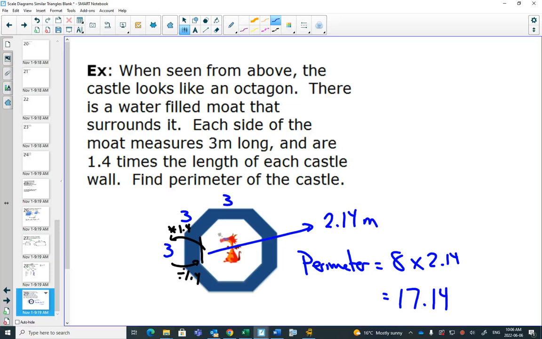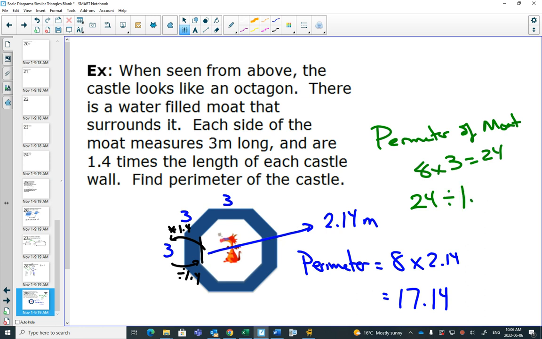And what Nevaeh is saying is if things are similar and we're dealing with dimensions, the perimeter of the moat is 8 times 3, is 24. And if you take 24 and divide that by 1.4, you will also get 17.14 meters.